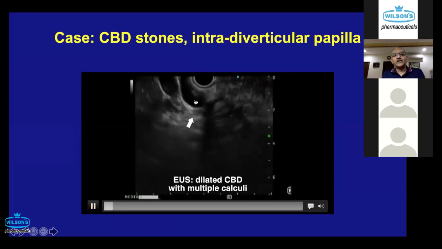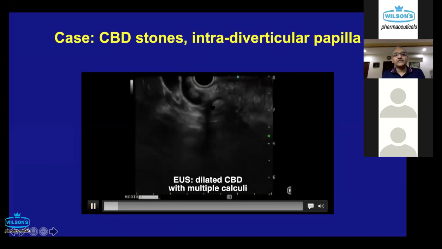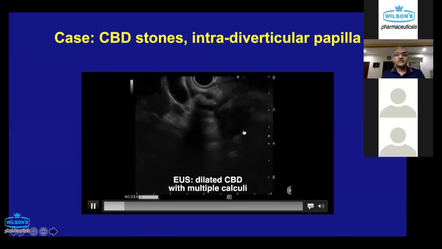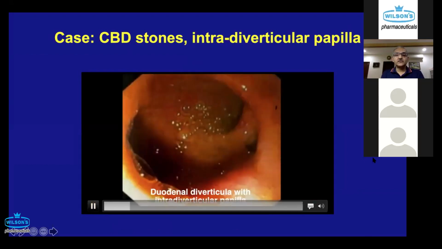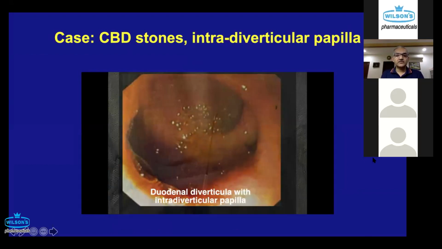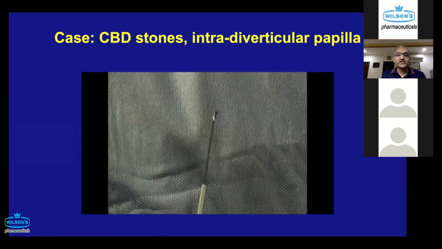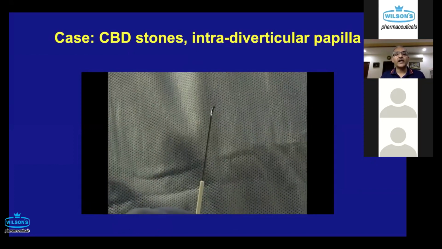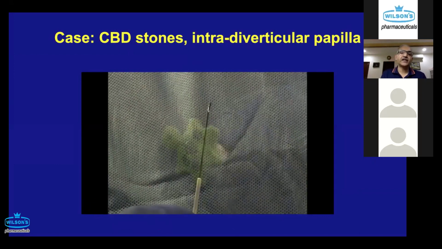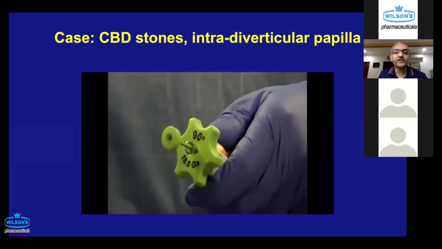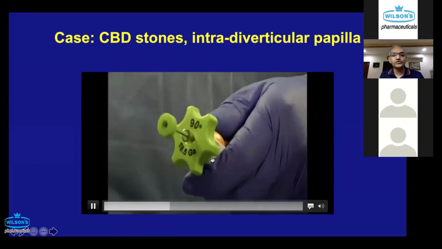The bile duct is dilated with multiple stones. As we withdraw the stylet, the needle curves a little bit to 90 degrees, and the other variety can go up to 135 degrees. So we used the 90-degree bend needle.